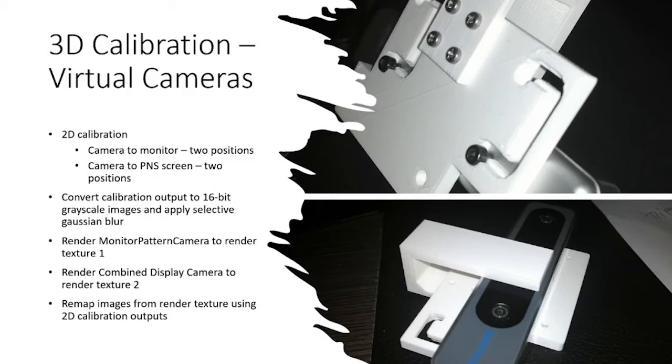Of course, the 3D calibration was done from two positions, so each of these two passes needs to be done twice. Once from the top position and a second time from the bottom position.